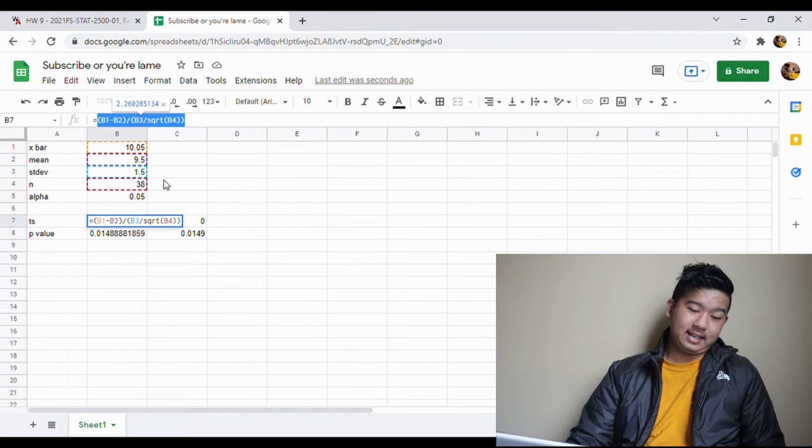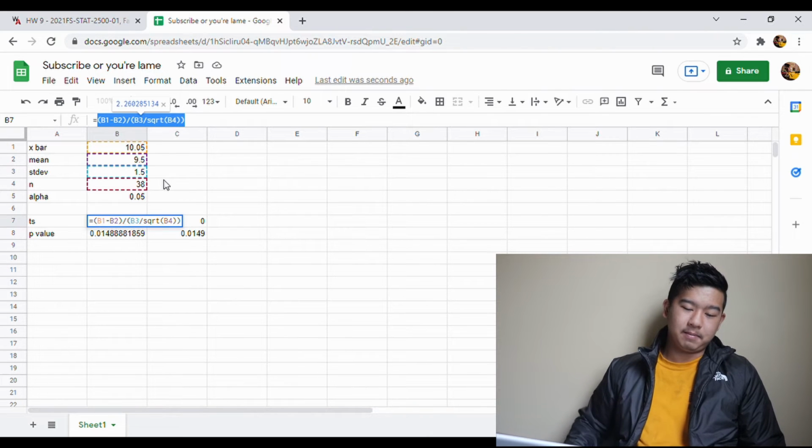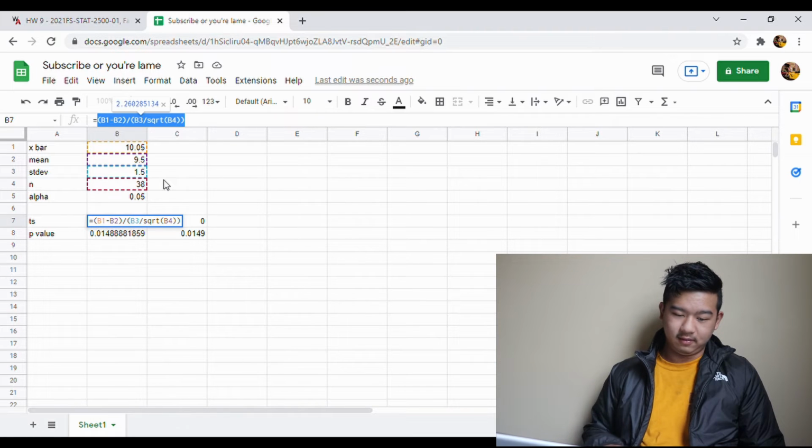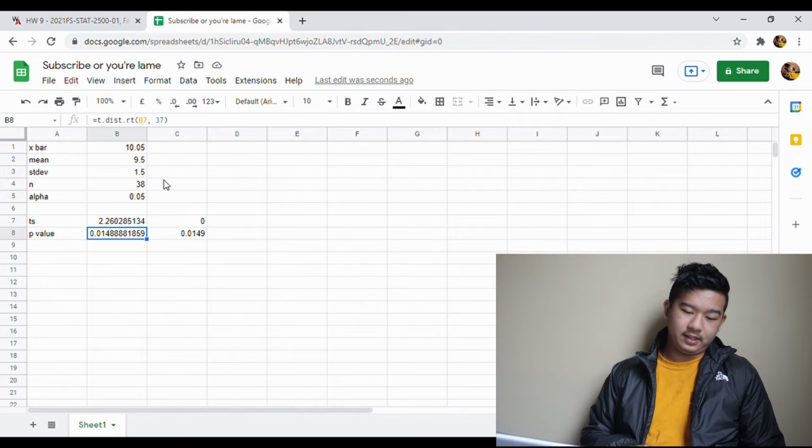In this case, that is 10.05 minus 9.5, divided by 1.5 over the square root of 38, which is equal to 2.260285134.